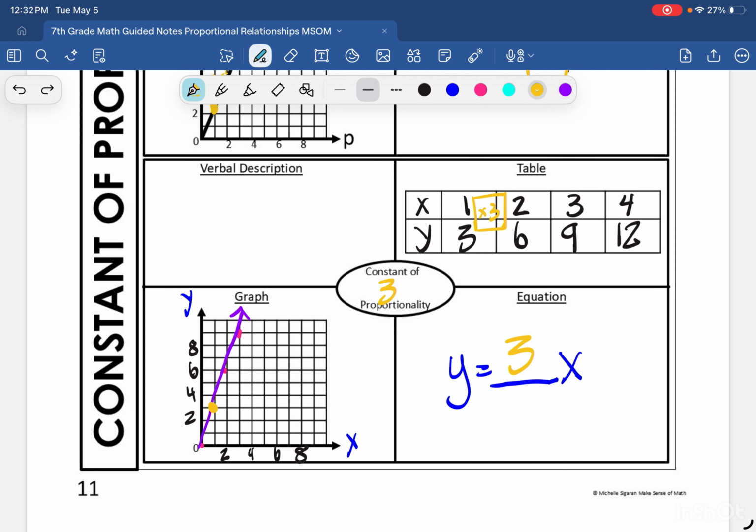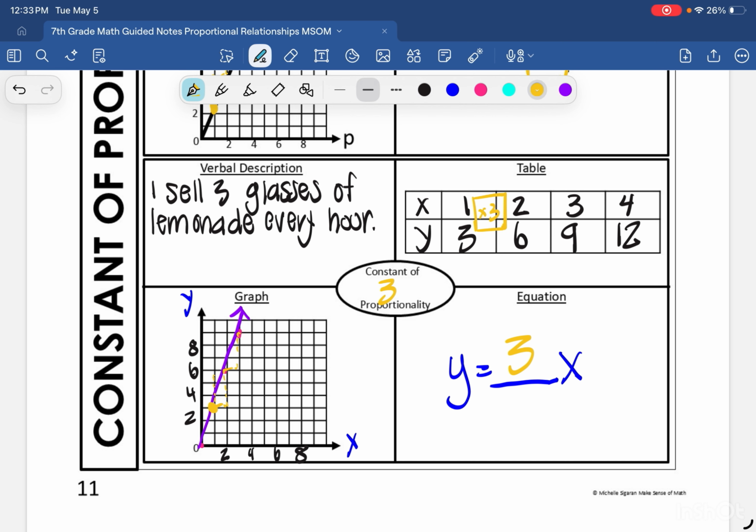So that's 1, 3, right there, 3. Or for every 1, I go up 3. My verbal description is just, I make something up where my unit rate is 3. So I could say, my lemonade stand sells 3 glasses of lemonade every hour. And then I can see my constant of proportionality right there where it says 3.